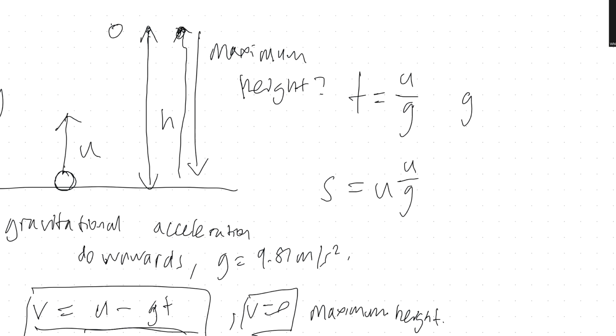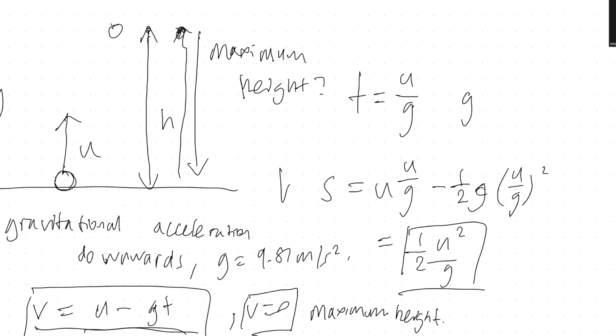And in this case it's minus, because the acceleration is downward. So it's minus half times g times the time squared, so u over g squared. And we obtain that your displacement is half times u squared over g. And this will be the maximum height of the object in this motion.